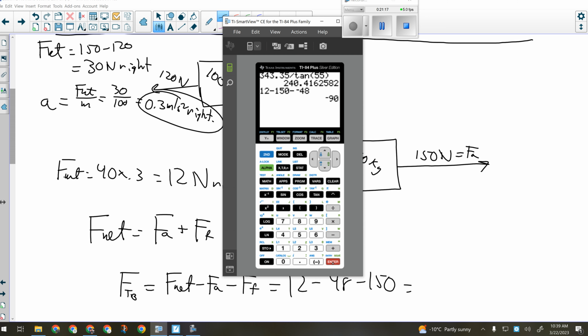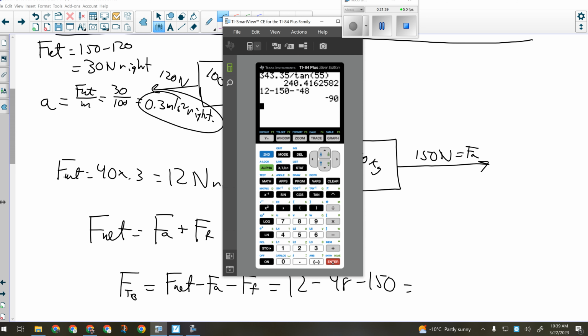The force it exerts on the 40 kilogram block is negative 90 newtons. But the question didn't ask that. The question asked, what's the tension in cable B? That's 90 newtons. That'd be wrong if we added no vector. If you put in a vector, I probably wouldn't mark it wrong.